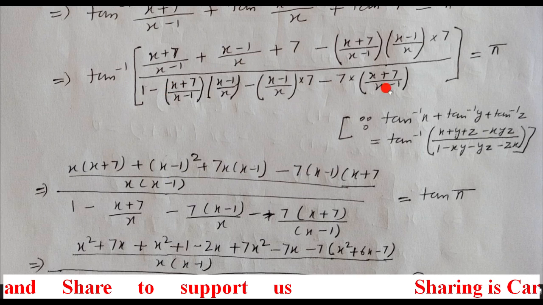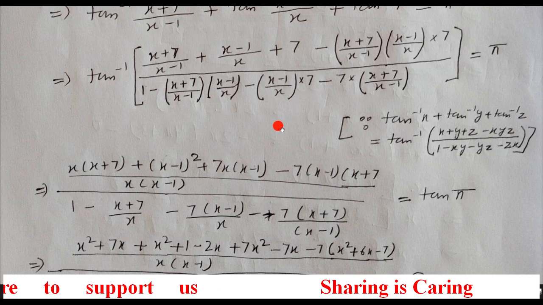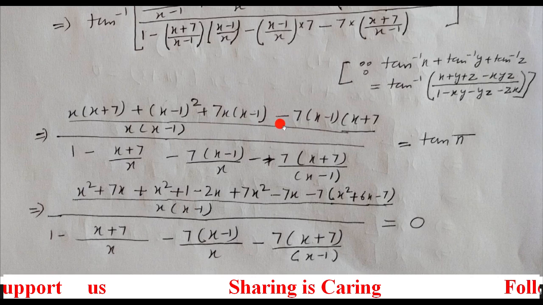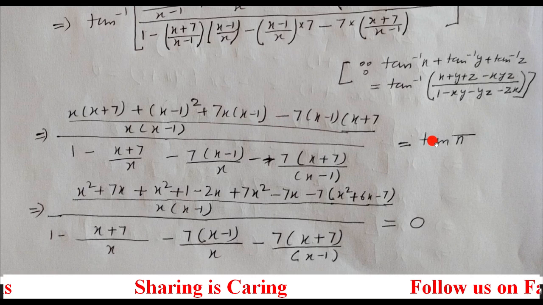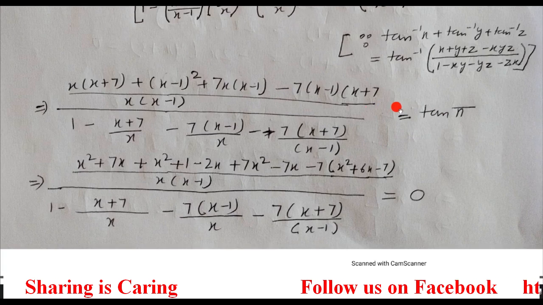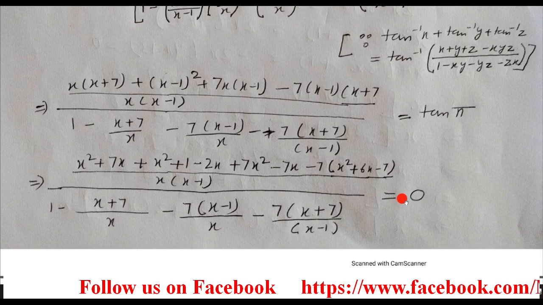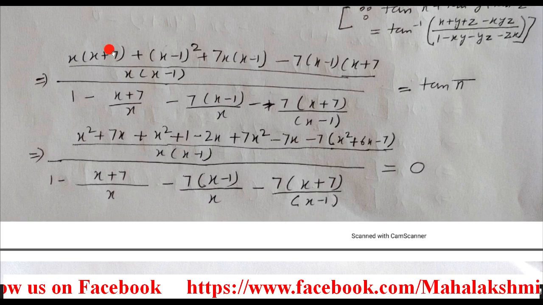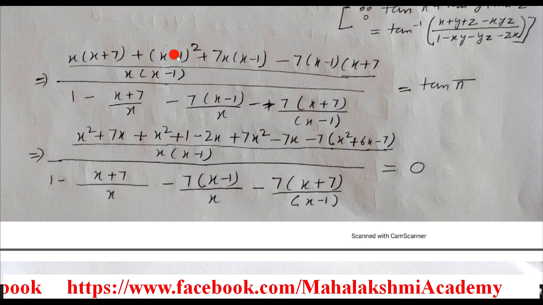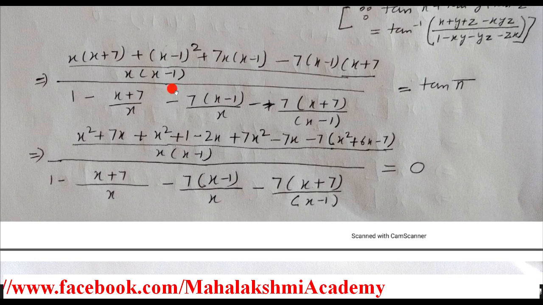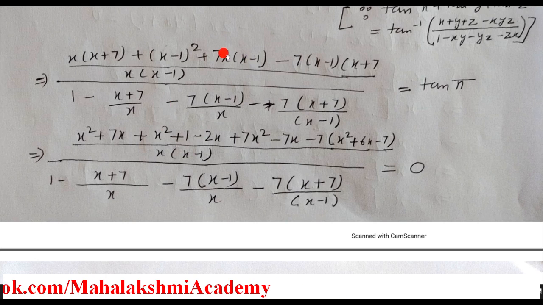In the denominator, don't do anything. I will tell you why we should not do anything afterwards. Now in the next step, students, tan pi. We know that tan pi is 0, so I wrote 0 here, and I opened all the brackets. When I opened this, I used the formula of a minus b whole square, and like this I opened all the brackets.